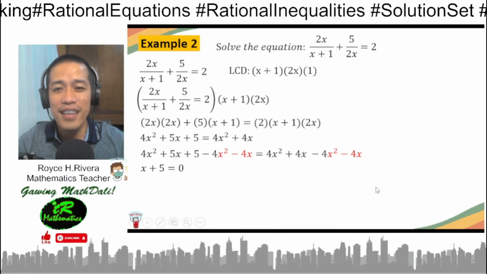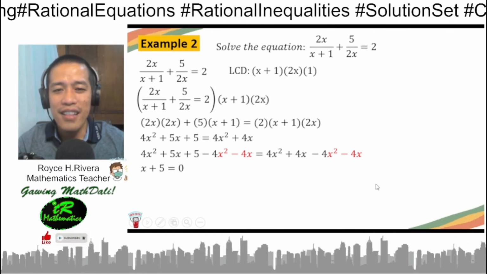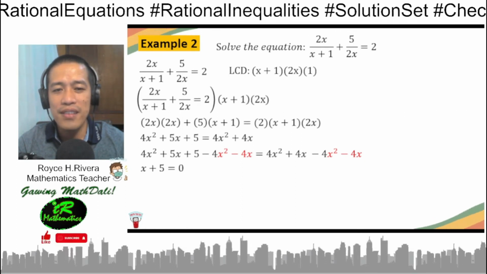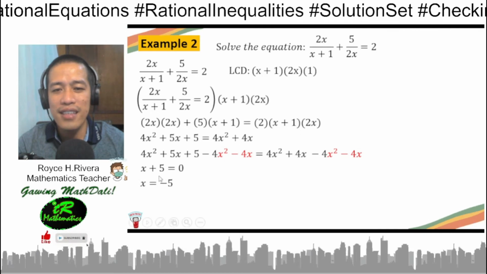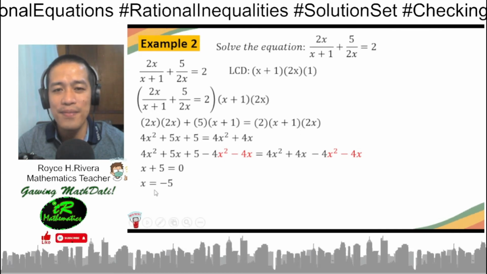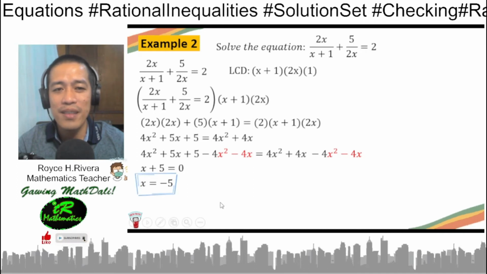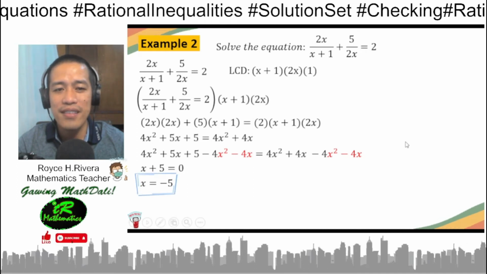Then solve for x by adding the additive inverse of 5 to both sides of the equation. We will get x equals negative 5. So that is the value of x that will satisfy the equation.